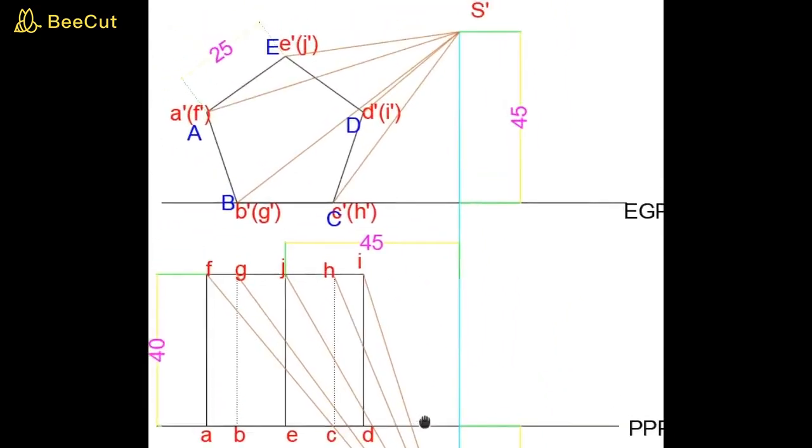Now you can draw projection lines from these intersection points to get the perspective points in the front view.